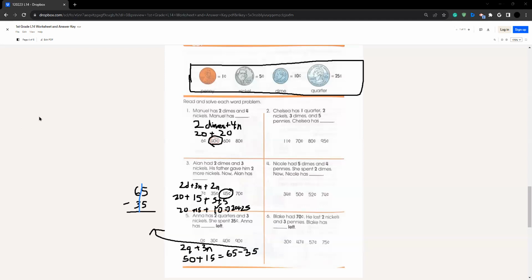Always start with the ones place. And now we do 5 minus 5. 5 minus 5 is 0. And now we do the tens place. 6 minus 3 is 3, so 30. So Anna has 30 cents left. If we look here, our answer choice is right here. 30.